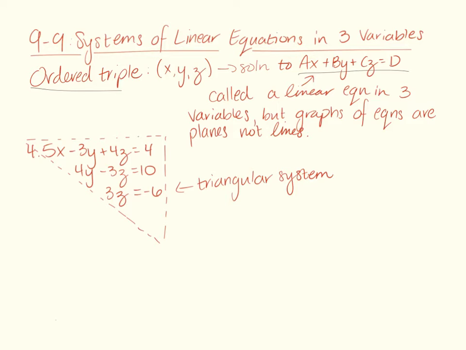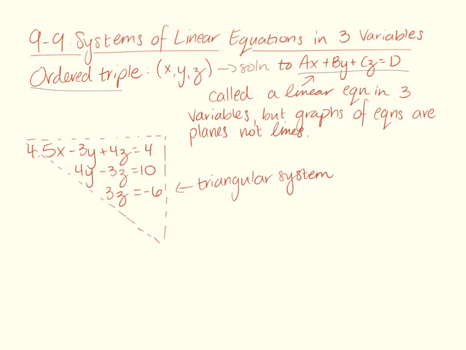Okay, and that's all a lot of fancy talk, but essentially that just means all of our equations are going to have 3 variables. So if you ever end up with only 2 variables in your equation, that means that the third one has a constant of 0.